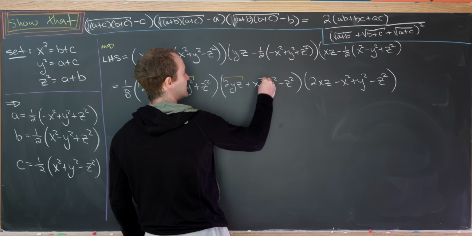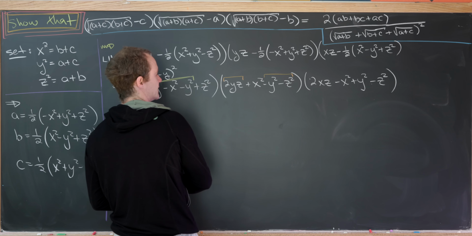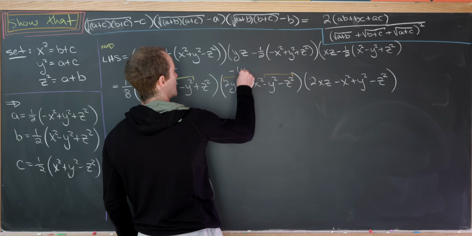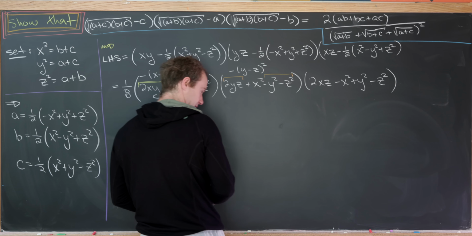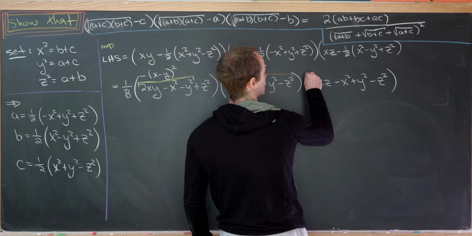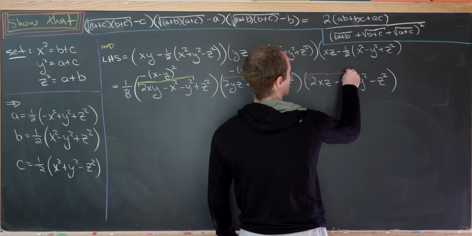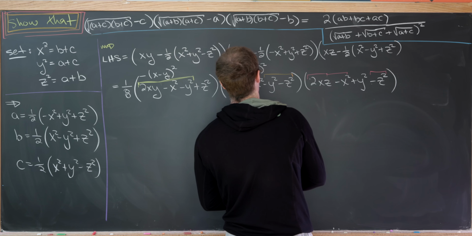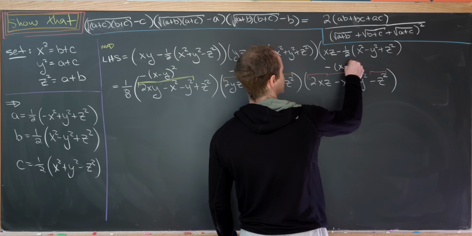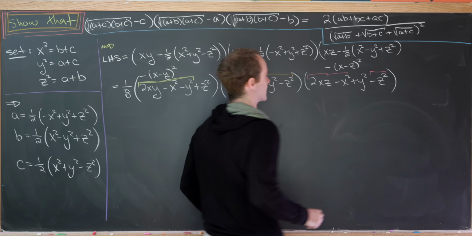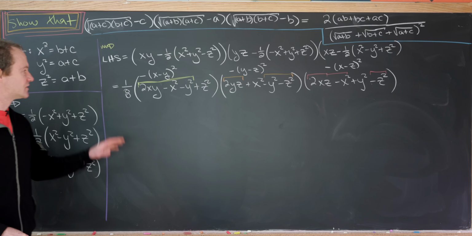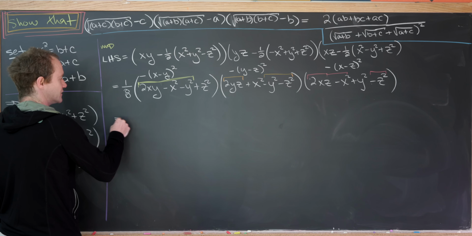This orange overline will turn into negative (y minus z) squared. And then finally this red overline will turn into negative (x minus z) squared. Okay, good. So now let's rewrite that using those observations.